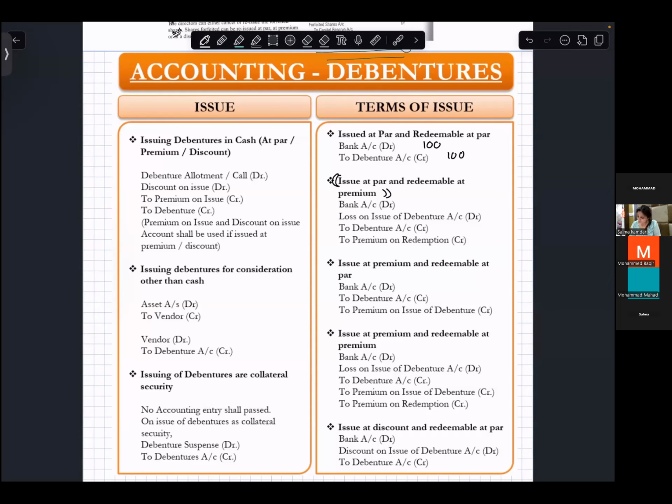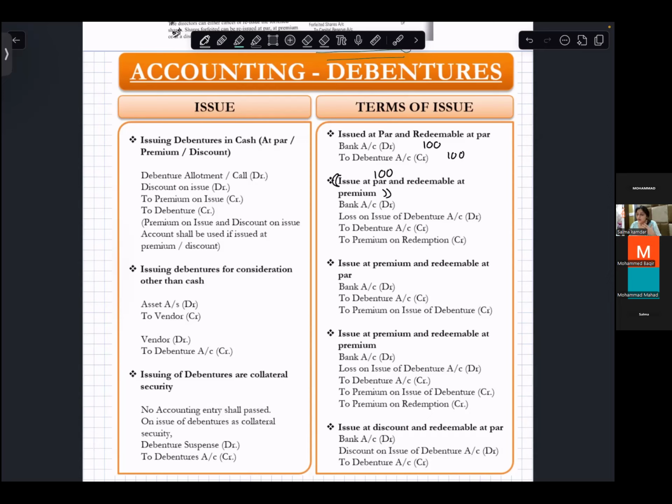So issued at par, 100. Redeem at premium. What do you mean by redeem at premium? Redeem means what?